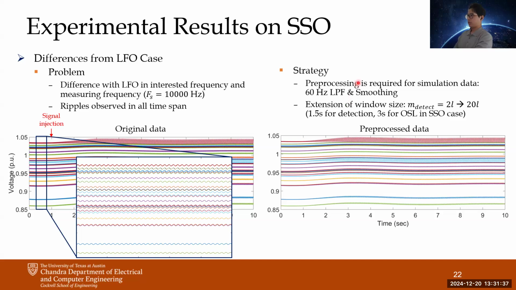We also extended the window size for the source location in the subsynchronous oscillation case. So a significantly larger number of data points were included. But compared over time, this SSO case has a shorter time window than the low frequency oscillation.